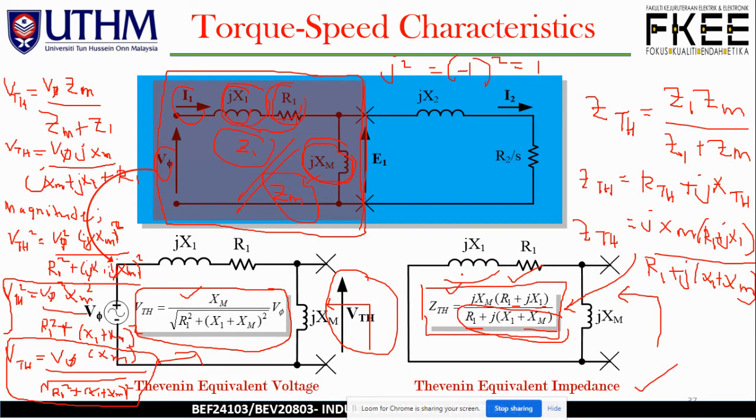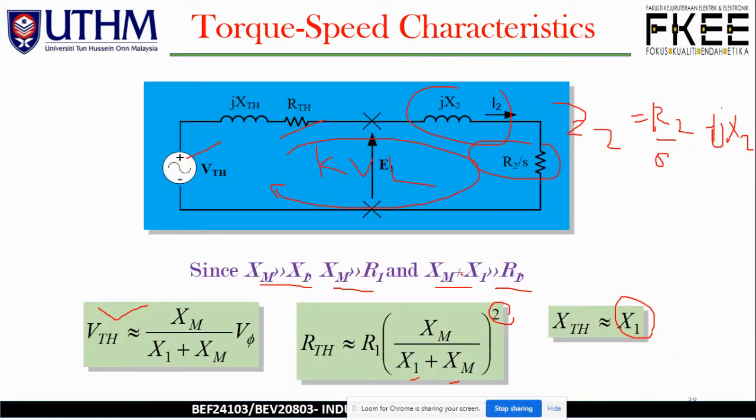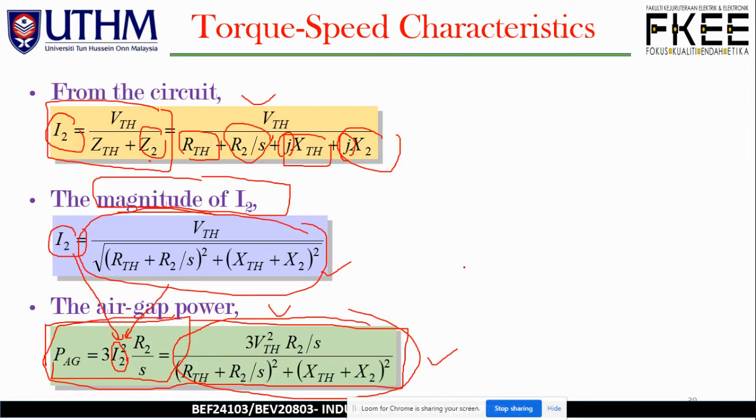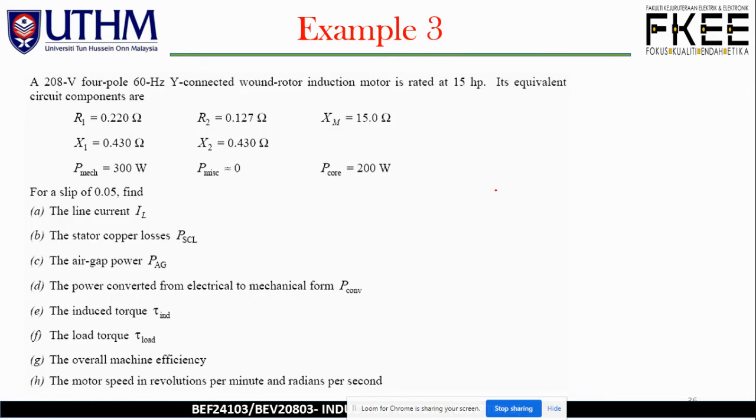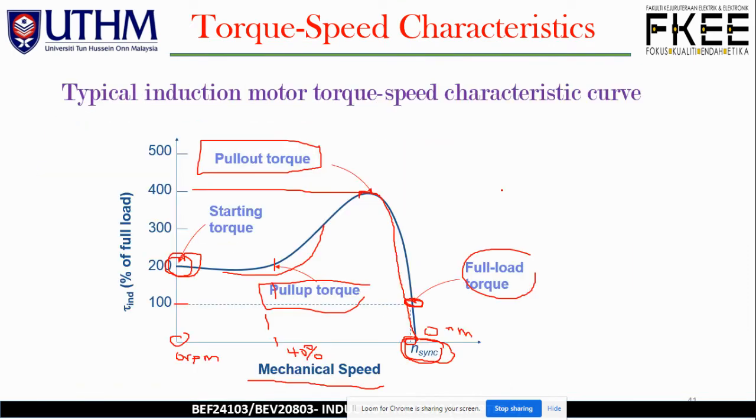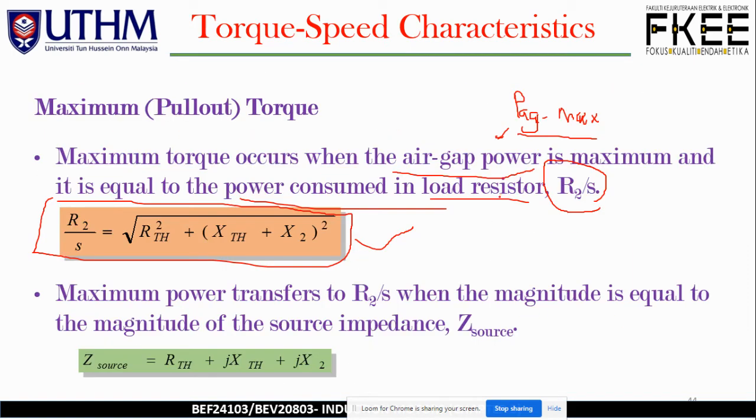We can see here the previous slide, all over here. So next, we have maximum power transfer to R2 over S, the load resistor, when its magnitude is equal to the magnitude of the source impedance Z source.